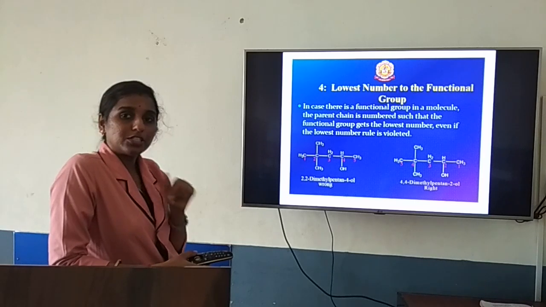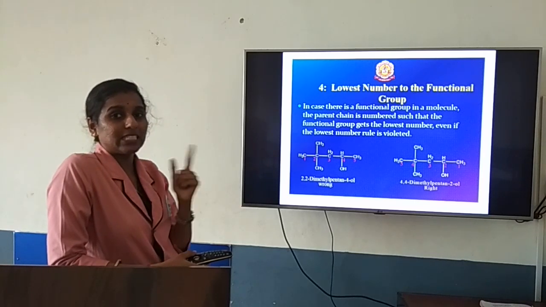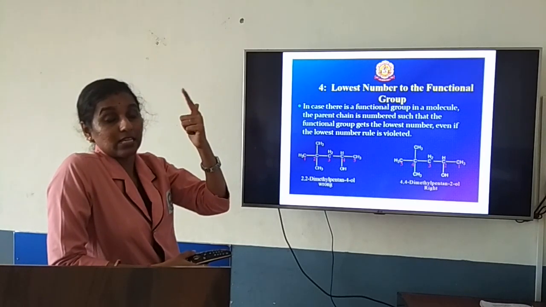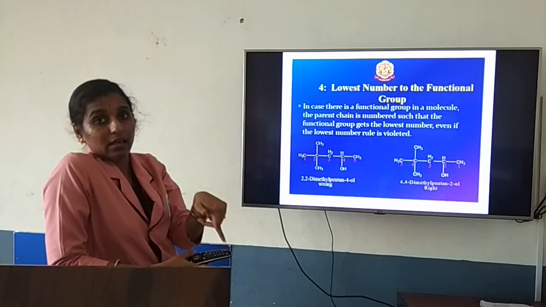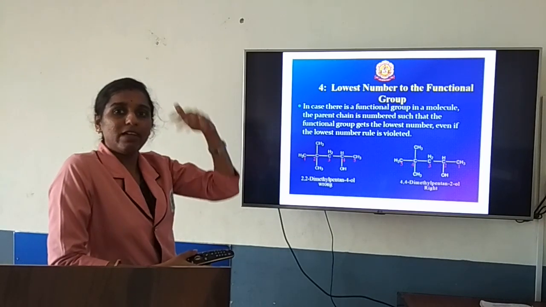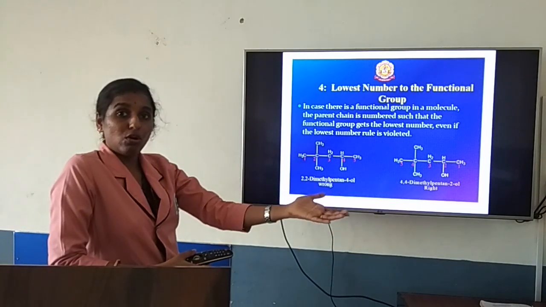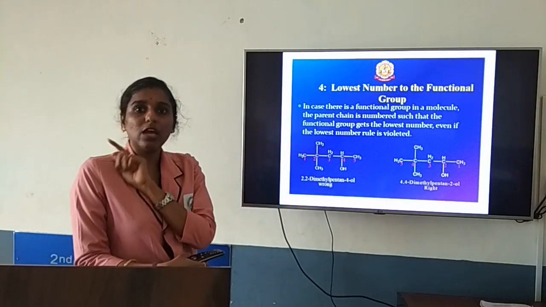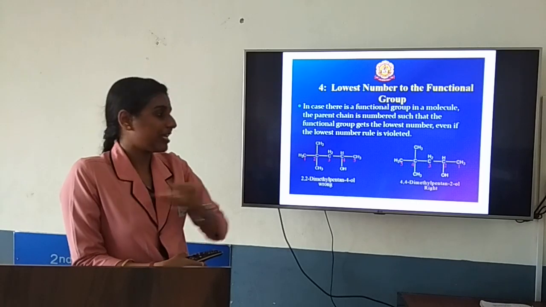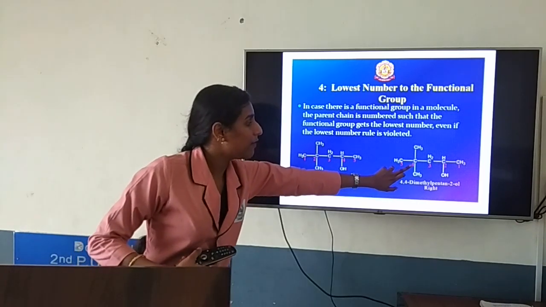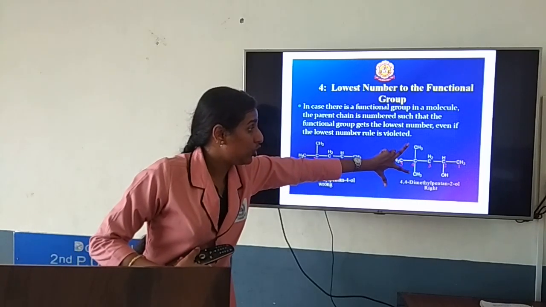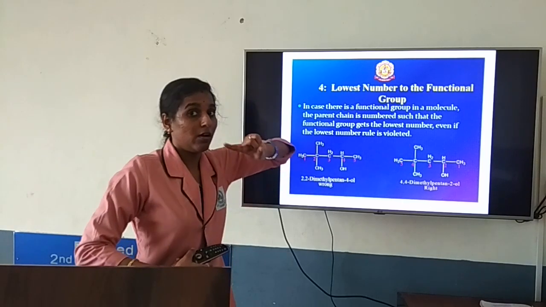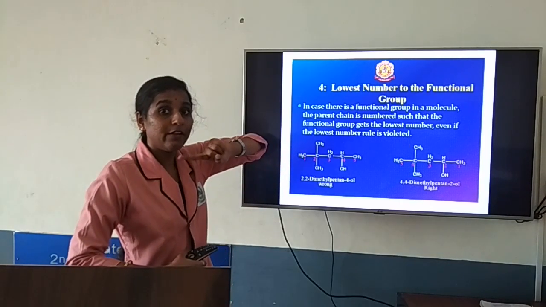Why are we not writing alcohol first? Because the functional group, you know, has a secondary prefix as suffix, -ol, right? So you are supposed to give it at last. The methyl group is nothing but a prefix, right? First only you have to give it. So you are going to give first the methyl group. Fourth position, see, two methyl groups are present, both are present in the fourth position.